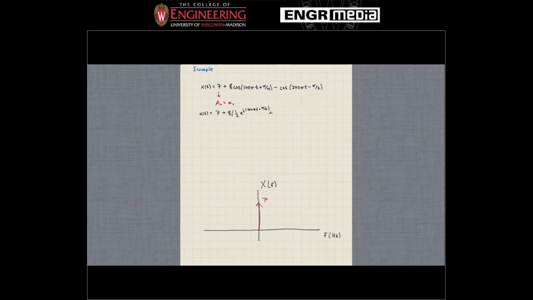Now this is for the cosine, and this is just, again, 1/2 e to the minus j, 100 pi t plus pi over 4. Right? So that should be the first cosine here, right? So we've written that first cosine. Now let's write the second cosine just underneath this. This is going to be minus 1/2 e to the j, parentheses, 200 pi t minus pi over 2.